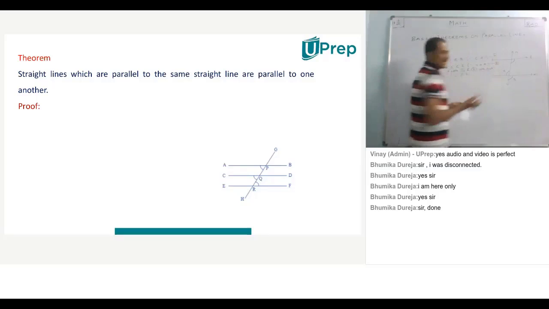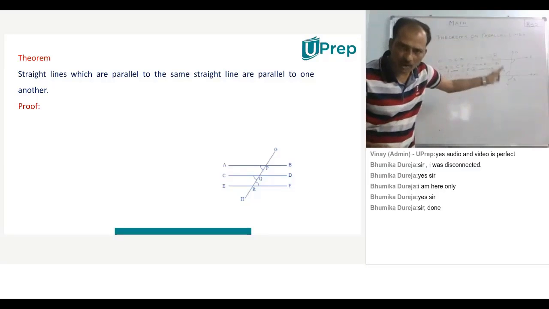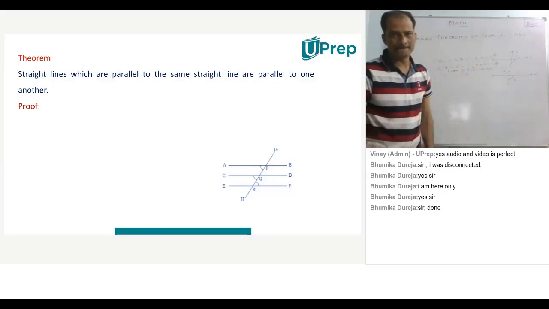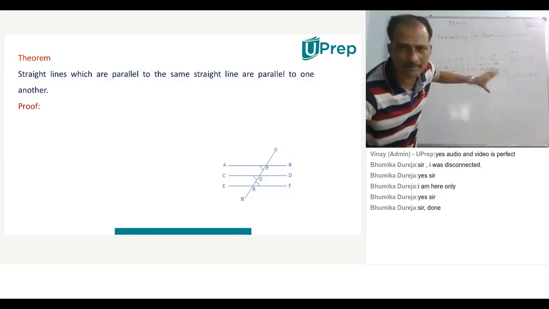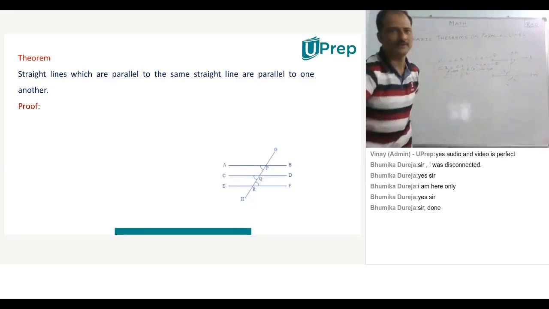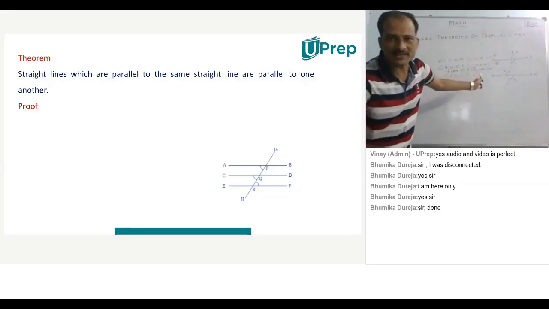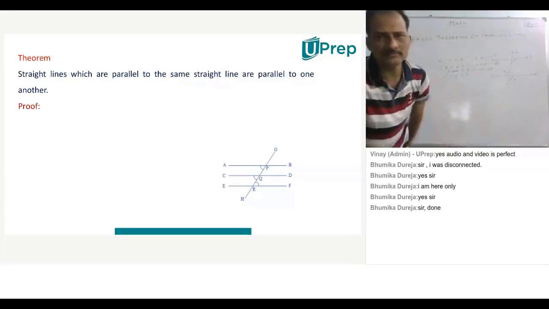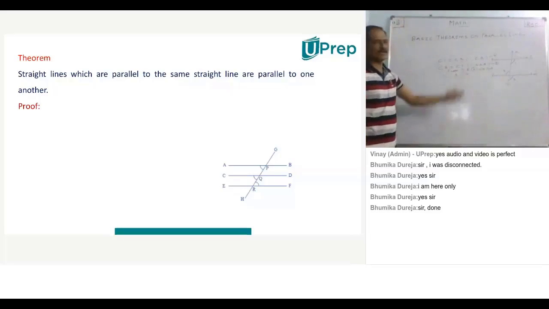But in the exam, if they ask, please don't write like this. You have to write what is given, what we have to prove, and then write the proof. Just in cut short, I don't want to waste the time. That's why I'm making you write like this. You can write the proof like the previous theorem later on. That's fine, just simply make a note of it.